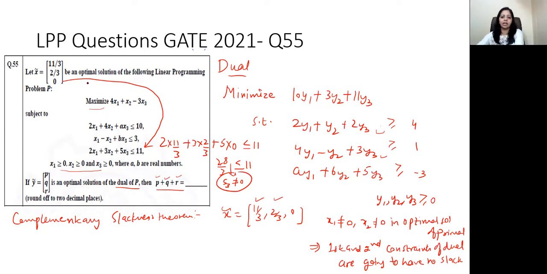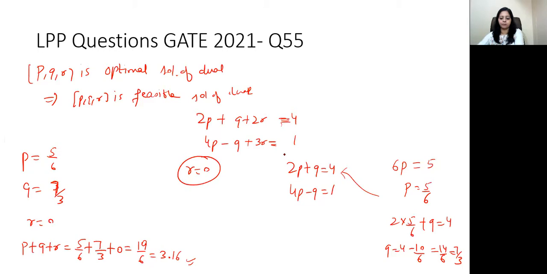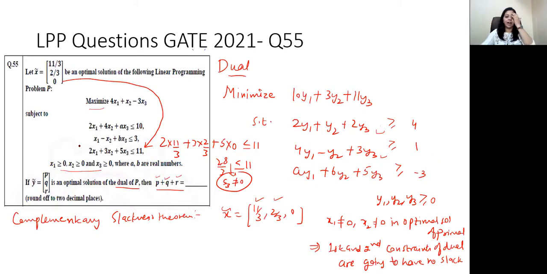That is why I directly wrote them as equations. And if any of the constraints in the primal is being satisfied as a strict inequality, meaning it's not satisfied as an equation, meaning there is some non-zero slack in that particular constraint, the corresponding variable in the dual is going to be 0. So one of them has to be non-zero, the other one is going to be 0.